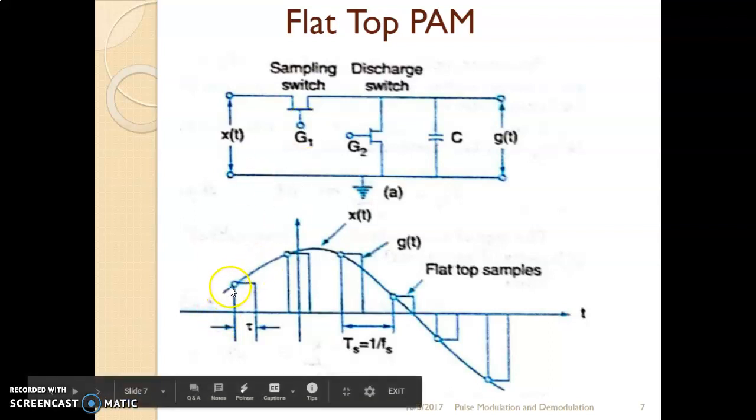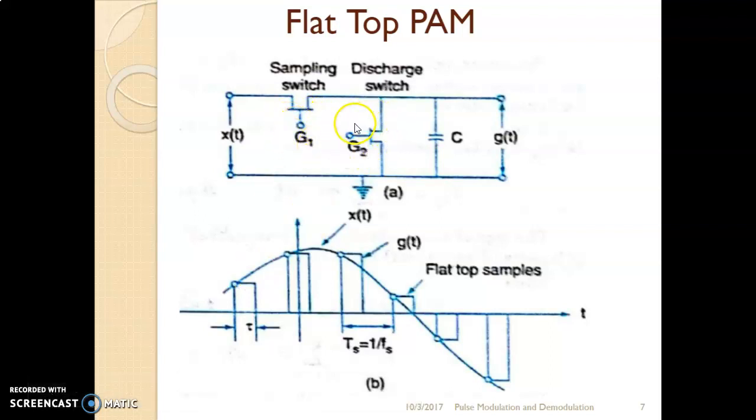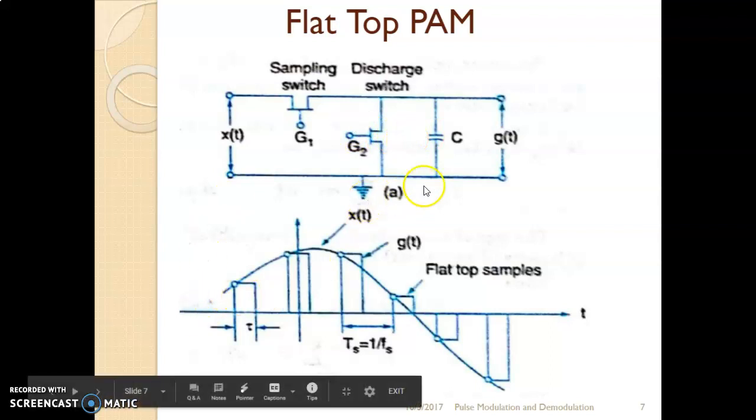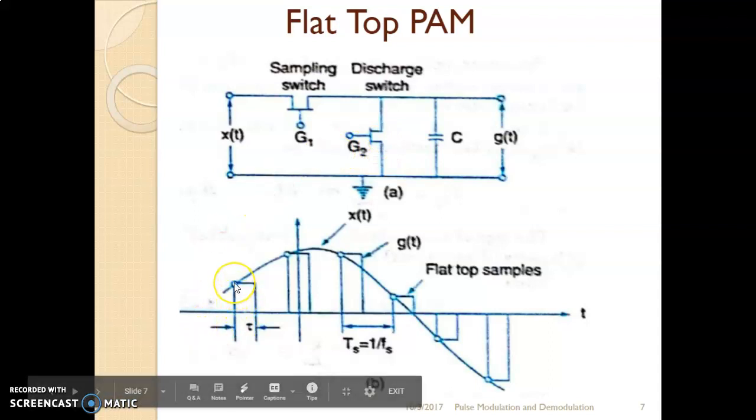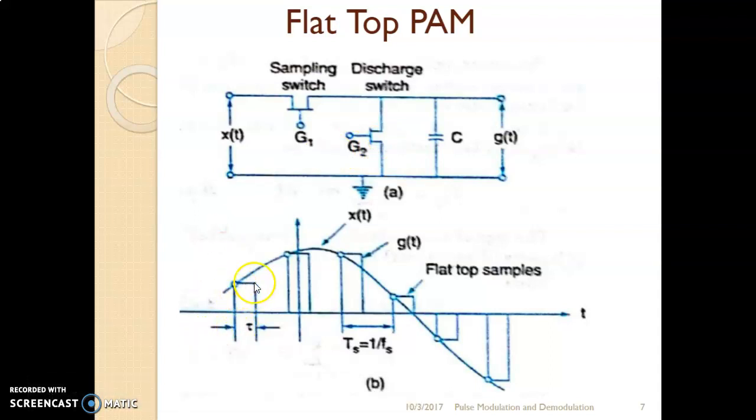Once the modulating signal reaches the maximum point, G1 will be switched off and G2 will be turned on, and during that period the capacitor is going to discharge. Between the peak and the discharging period there is a holding period, because in this period G1 is off and G2 is also off, and the capacitor does not find any path for discharge.